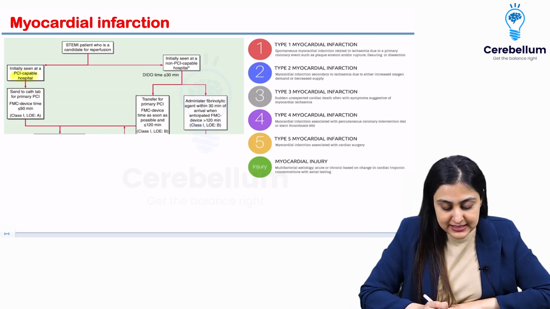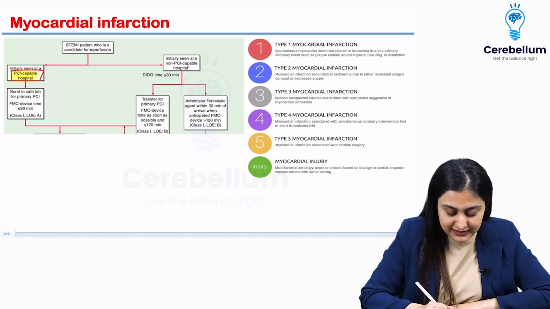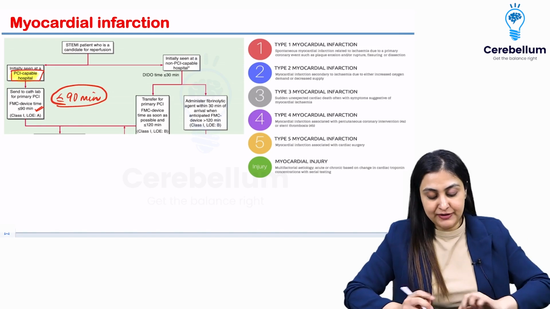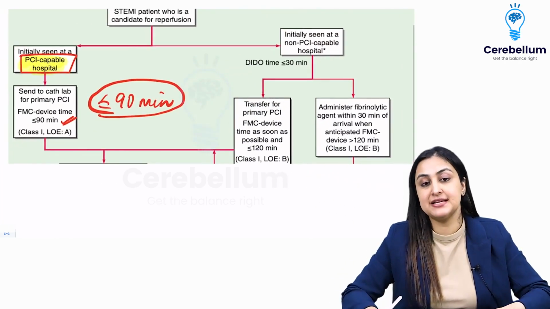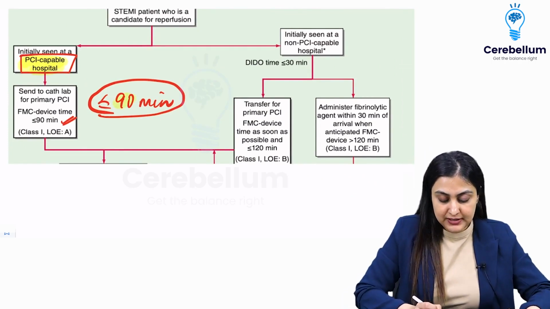Okay, so if the hospital is capable of PCI, then that is what is done, and this should be as quick as possible. So the device time should be less than or equal to 90 minutes. So FMC to device time, that is the first medical contact to device time, should be less than or equal to 90 minutes. That's the proposed guideline. Okay, so this is about that.